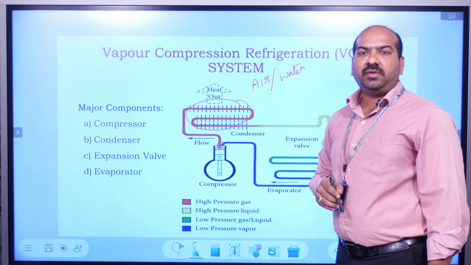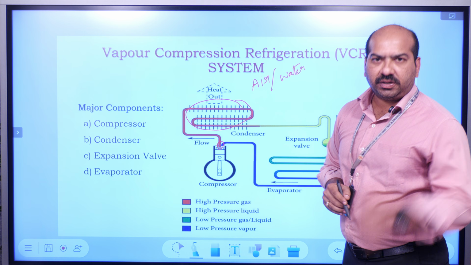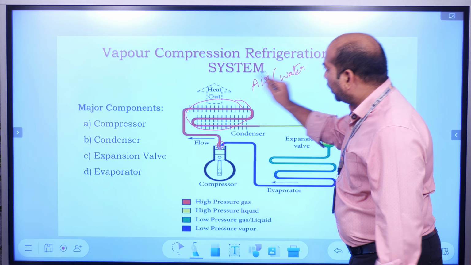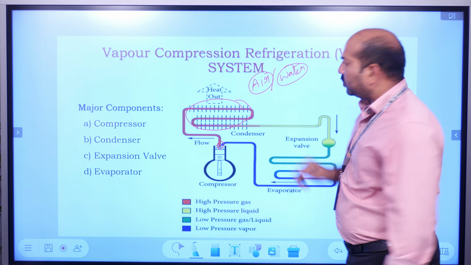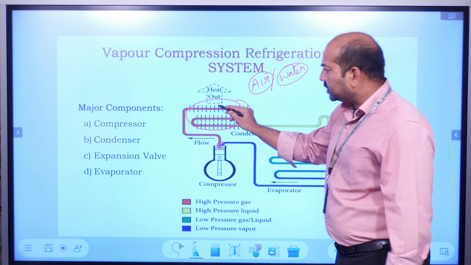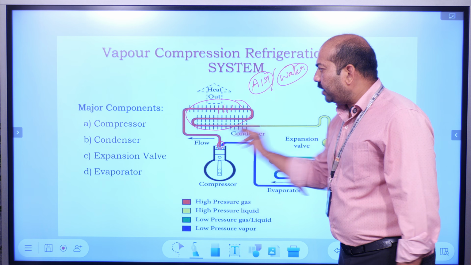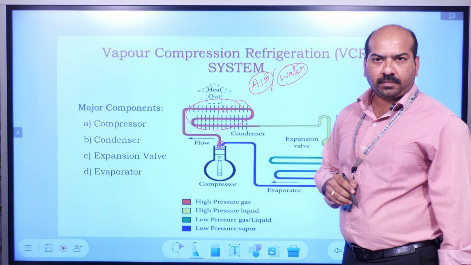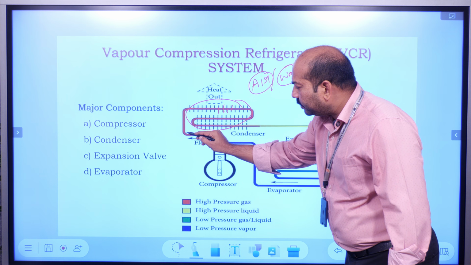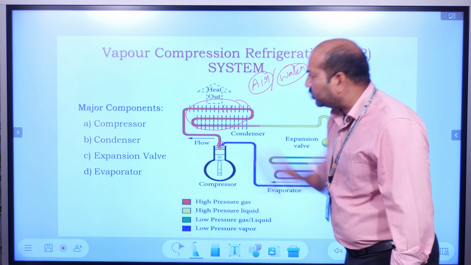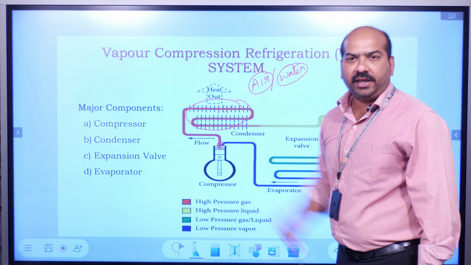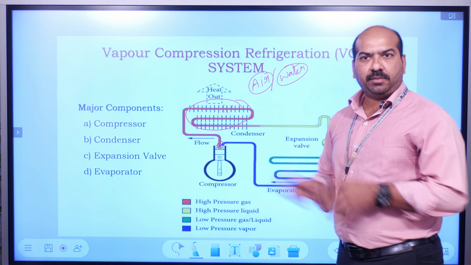Basically, we have 2 different types of condensers available. One is an air-cooled condenser, next one is a water-cooled condenser. Since this condenser is provided with fins, you can understand this kind of condenser is air-cooled. Though the high pressure vapor refrigerant, whenever it enters the condenser, rejects its heat to the air and phase transformation takes place.